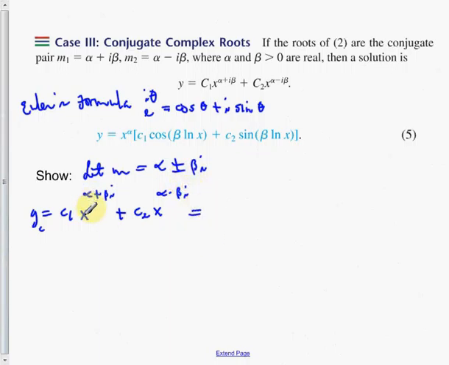What's common in both is the x to the alpha, so we factor out x to the alpha. We have left in brackets c sub 1 times x to the beta i plus c sub 2 times x to the negative beta i. Okay.